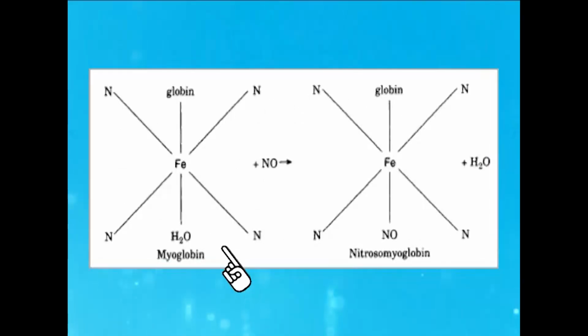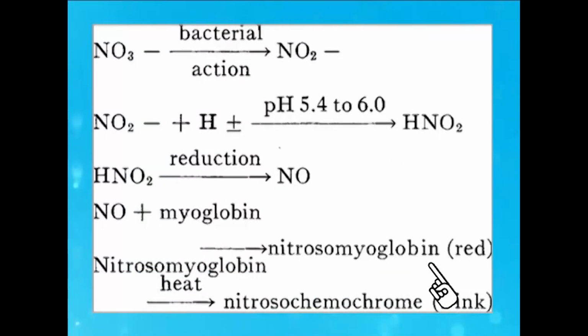Here you can see the structure of myoglobin, which is a ferrous globin protein, and this myoglobin, after it reacts with nitric oxide, gets converted to nitrosomyoglobin. And this nitrosomyoglobin is the one which retains the red color of the meat. If given heat, it may be converted to nitrosohemochrome, which is somewhat pink in color.